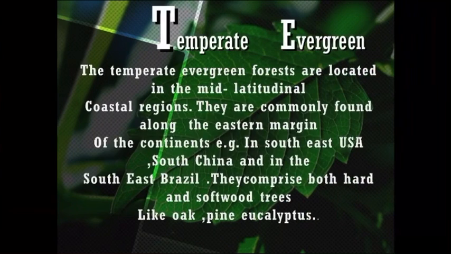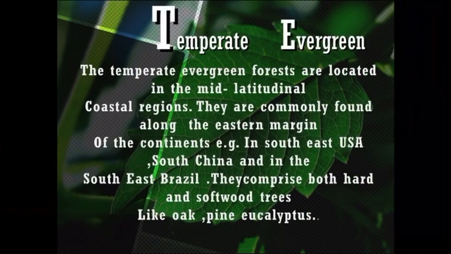The temperate evergreen forests have a mixed variety of hardwood and softwood trees. The main species of trees in the thick forests are oak, pine, eucalyptus, camphor, etc. The main wildlife in the temperate evergreen forests is antelopes, giant panda, deer, monkeys, voles, and a large variety of birds.